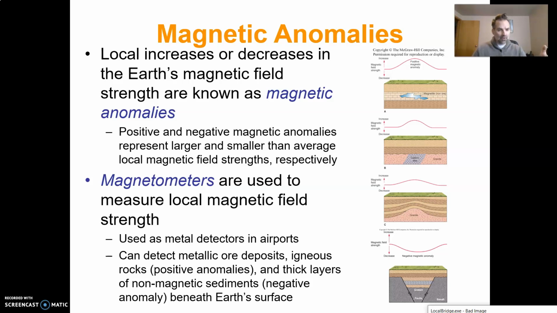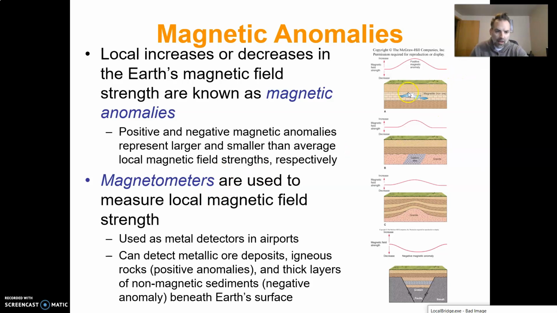A lot of times, if you want to be a geologist, you work for a mining company, and you'll explore for these deposits so you can refine them and extract the metals out of them, to build cars or whatnot. So you can locate these by using a magnetometer.